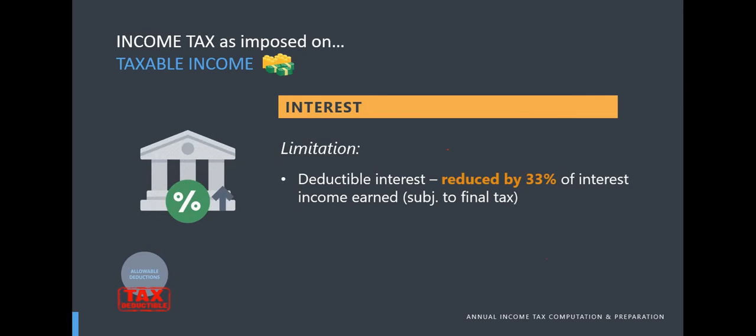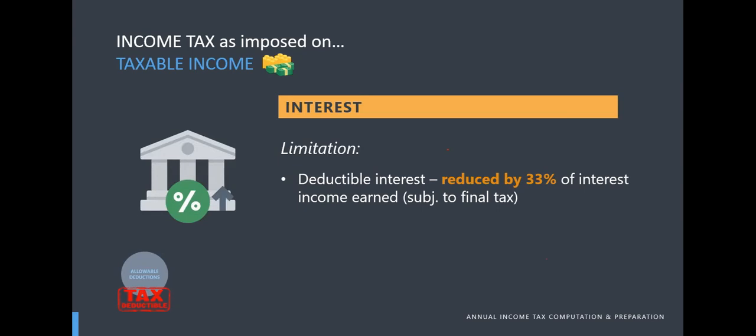So that is 200,000 of interest expense recorded in books minus the 33% of interest based on the interest income earned, so 33,000. 200 minus 33 is equal to 167.